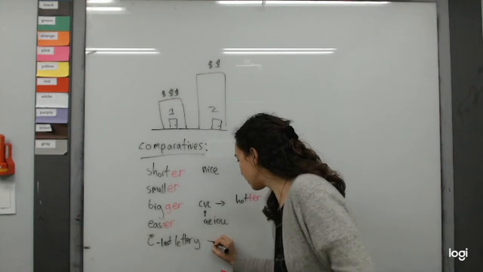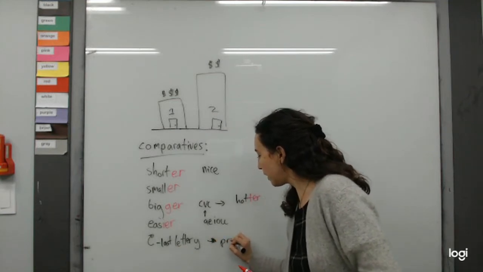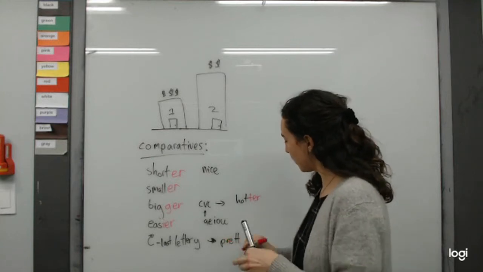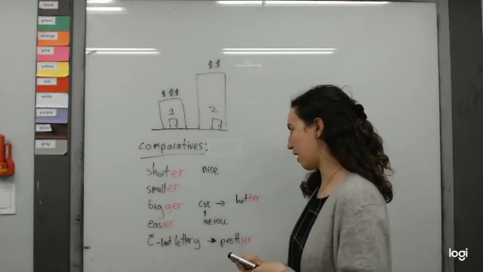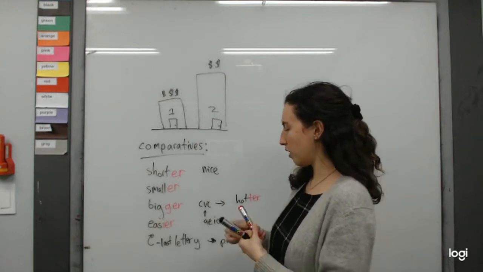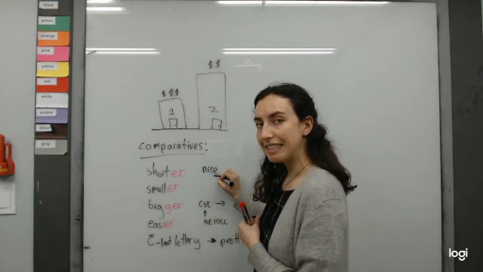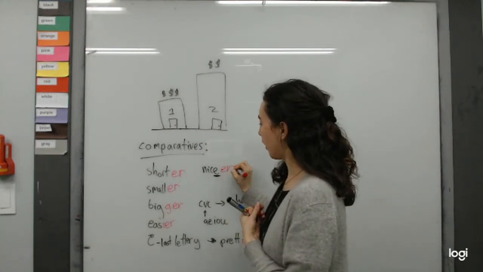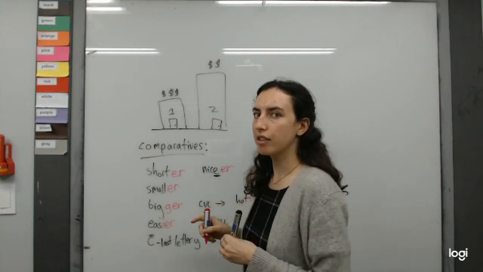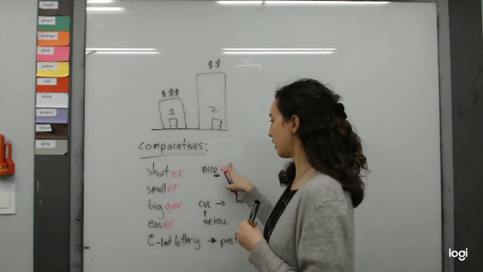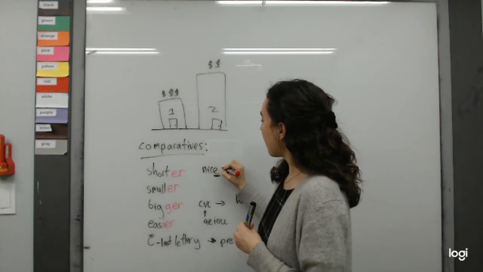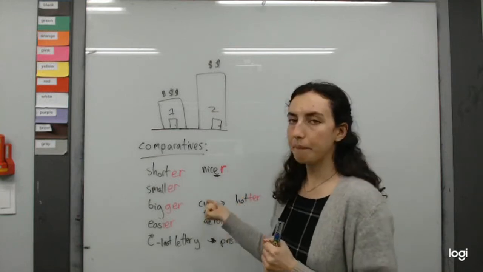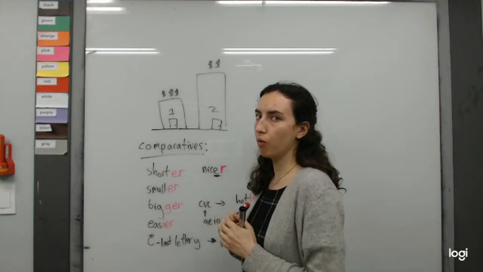You can also write pretty, which becomes prettier with I. And then the last rule is if the last letter is E, we don't write ER, because it is nicer and not niceer. We like to say nicer, so we can't write it like this. So the E combines into the other E, and you only add R. Okay, so these are the ER word rules.